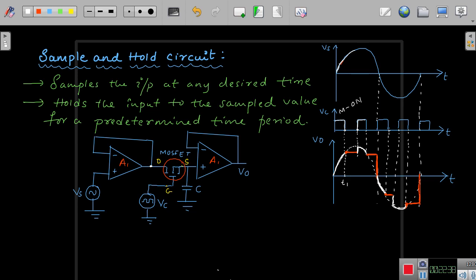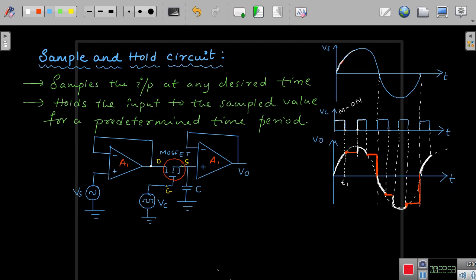If you continue like this, you will have the input again from this point to this point. This is what is going to happen as far as the sample and hold circuit is concerned.